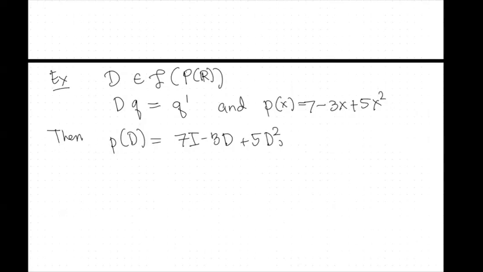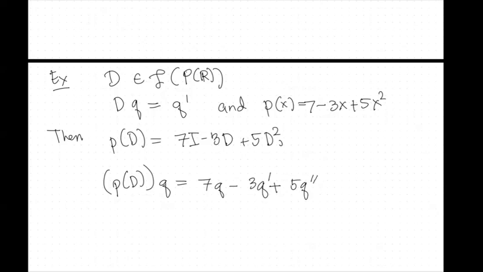Thus, p(D) of q is just 7q minus 3q prime plus 5q double prime, because D is just the derivative linear operator. This is for all q in the polynomial ring with coefficients in R.